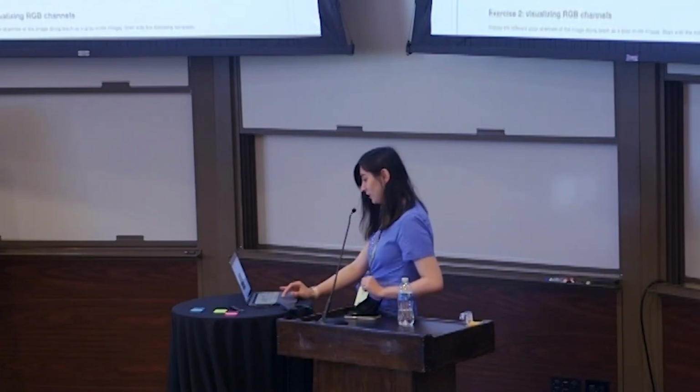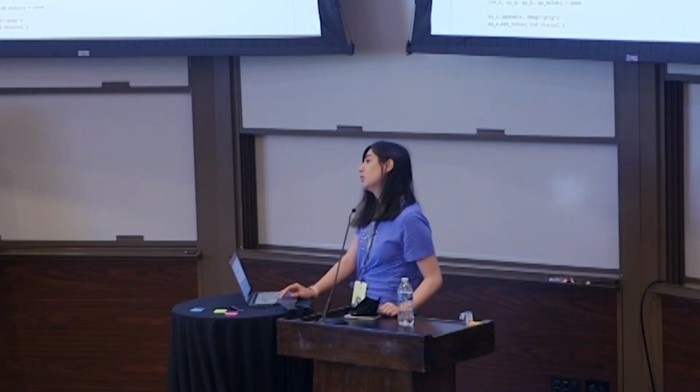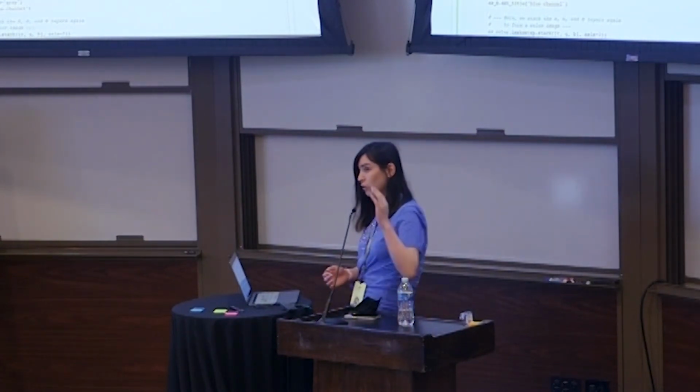Okay. So now we'll get on to exercise 2. And this one, I personally think, is considerably easier. We want to basically isolate each channel here. And as we said before, since this is a 2D color image, it's going to have the format of row, then column, and then channel.